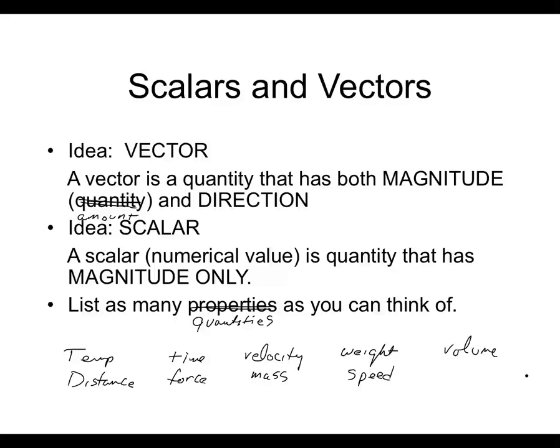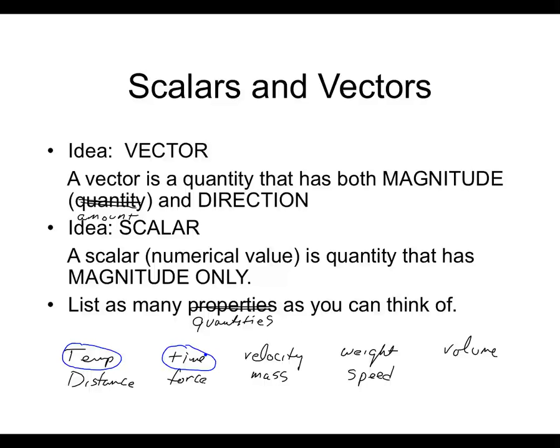Okay. So which of those are vectors and which are scalars? Temperature is a scalar. It doesn't have direction associated with it. So I'm going to circle those. What about time? Scalar. And by direction, we mean in three-dimensional space, going that way or going that way.